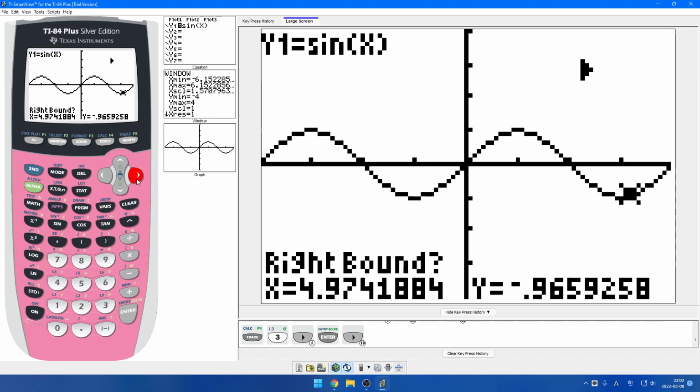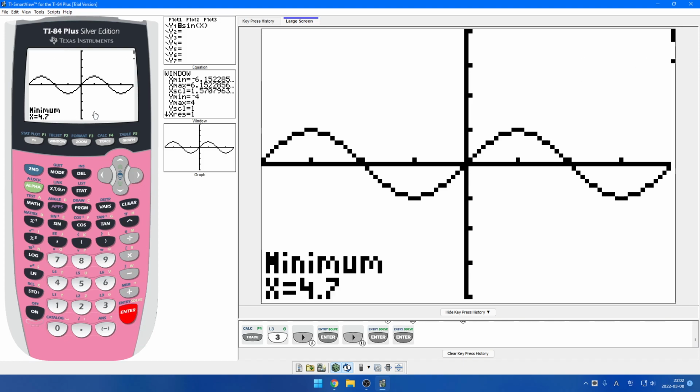The minimum value between these bounds is 4.71 and so on, and the y value is -1. I think that's something like 5 pi over 2? No, 3 pi over 2. Yeah, 3 pi over 2.